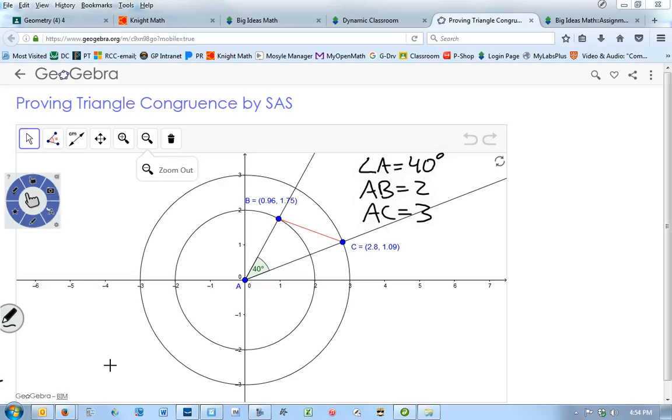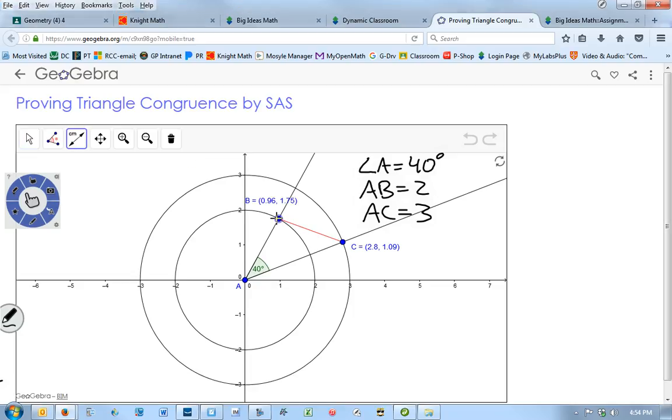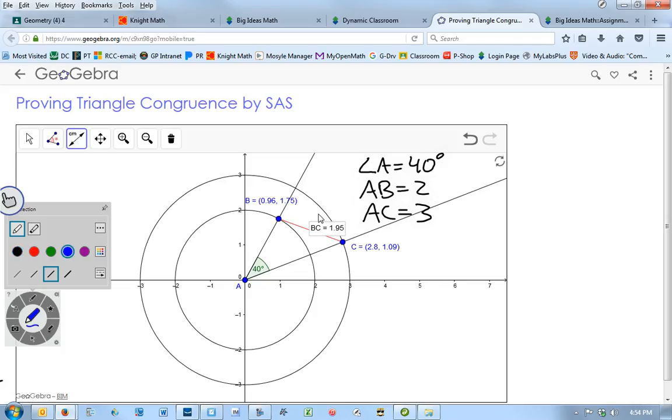Let's find out. Right now we're going to measure the length from B to C, and BC is 1.95. I can also measure some angles.